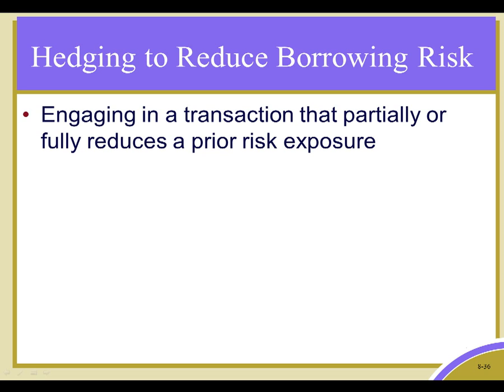Well, we can use a futures market transaction to enter into an agreement where if interest rates go up, that would be bad for us as a borrower. If interest rates go up, our futures contract will go up in value also. So while we incur a cost in terms of higher borrowing costs, we also incur a benefit, which is an increase in the value of our futures position.